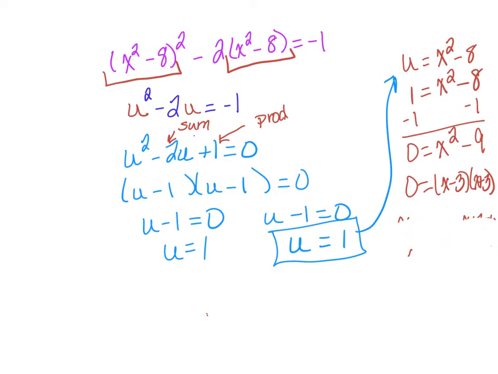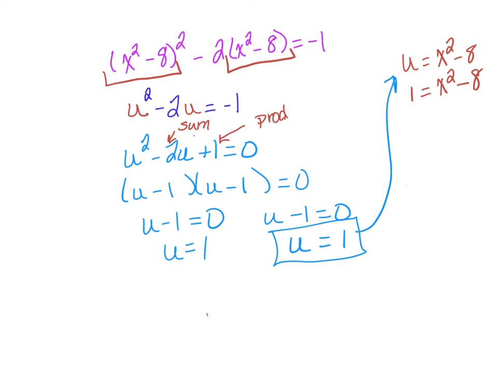I just want to go back to this step right here. Now, you may decide that instead of setting this equal to 0, you just want to add 8 to both sides, and you would end up with 9 = x². That's 100% okay. But when we take the square root of x² and the square root of 9, you've got to put a plus or minus in front of that.